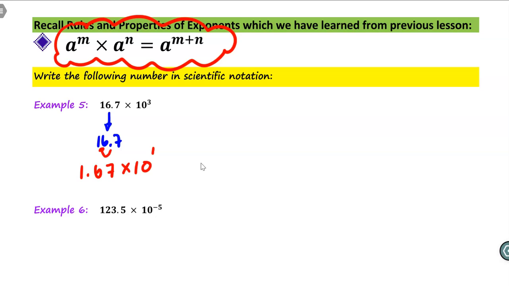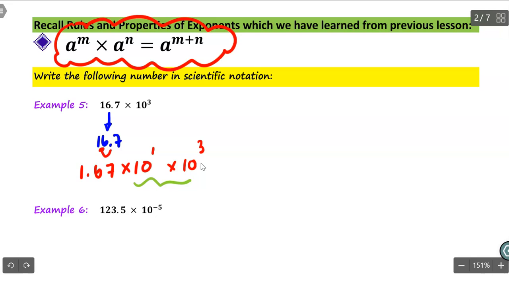But I have to multiply this with 10 to the exponent 3. You see? Now I will apply the exponent rule for this. I multiply the two powers with the same base of 10. So I can write this one as 1.67 times 10 to the exponent 4 because I'm adding the two exponents. I'm taking 1 plus 3 to have 4 because I apply this rule.